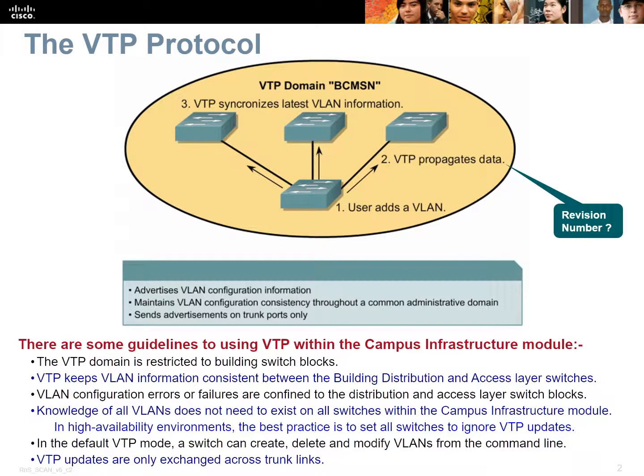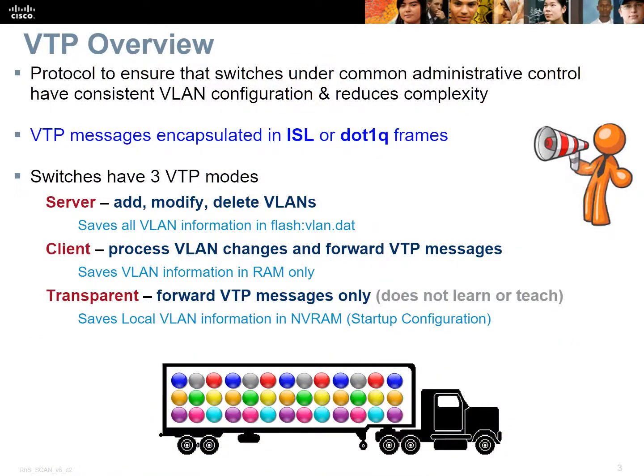If you plug in a switch that has a higher revision number than the current server, the switch that's the boss of your network, and it's got the same name and there's no password, then that switch can overwrite your entire network with wrong or bad VLAN information. So VTP is an awesome tool, but there are some cautions you need to think about when you're using it. Let's have a look at VTP.